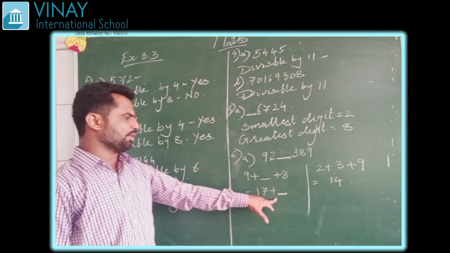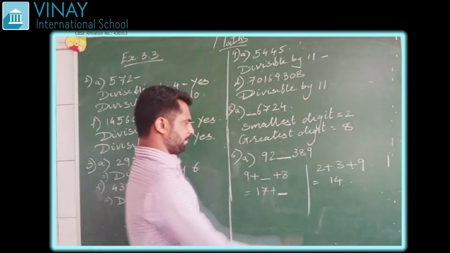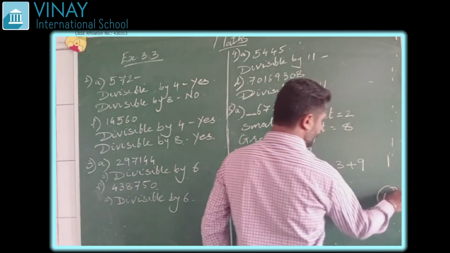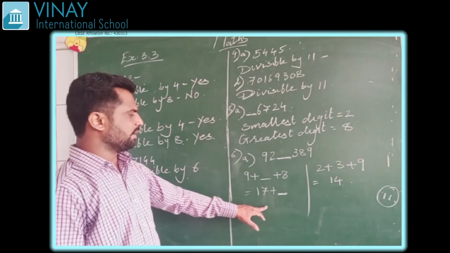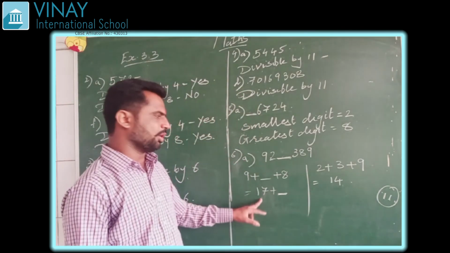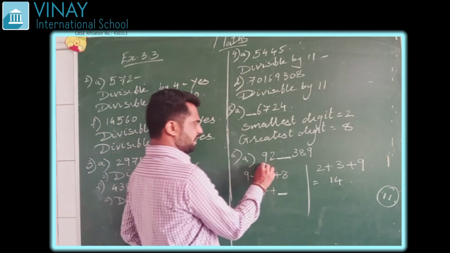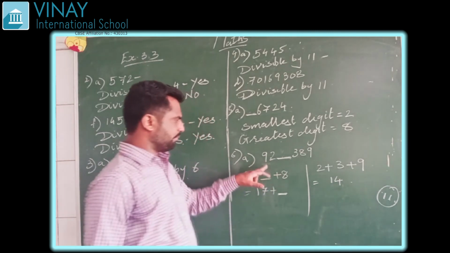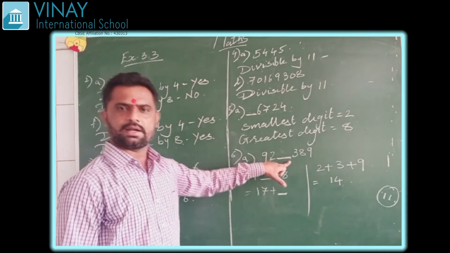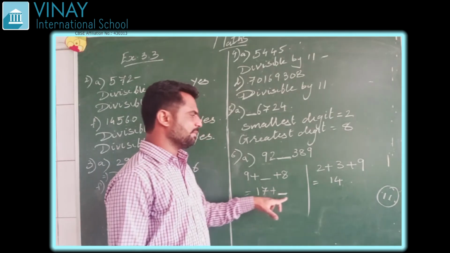Now which number we can put here so that the difference between these two should be 11? Because it is 17 here and it is 14 here. As we had done, first we had done the sum of odd place digits, that is 9 plus blank plus 8 is 17 plus blank.